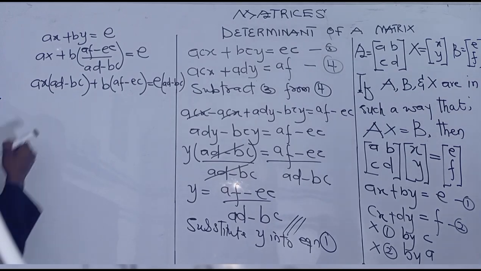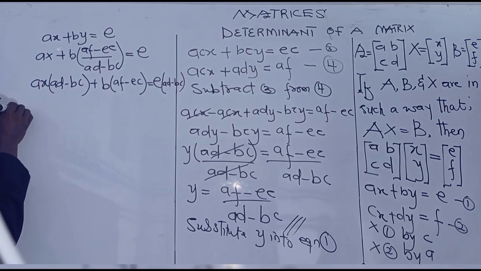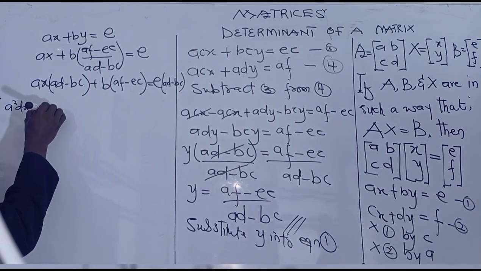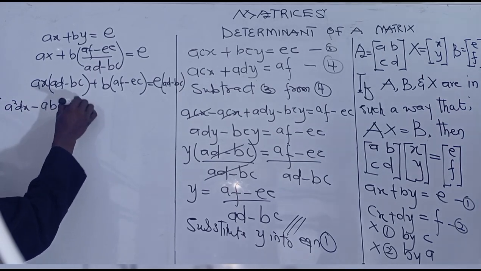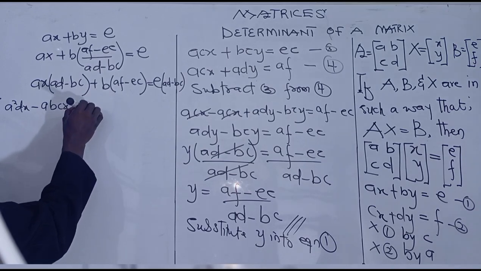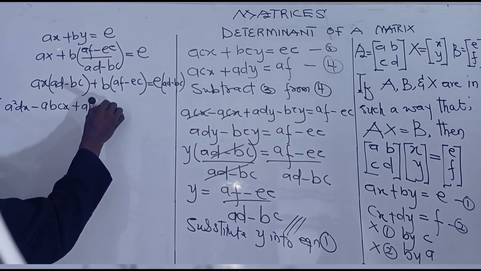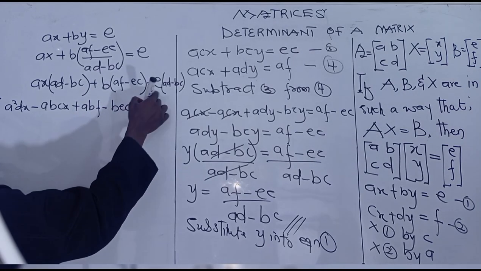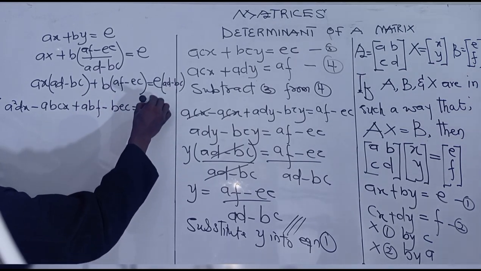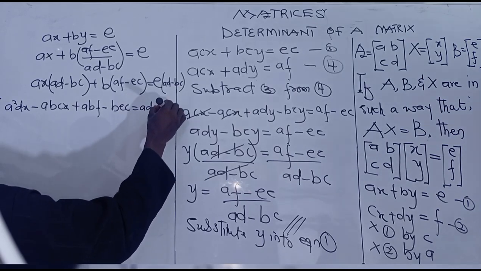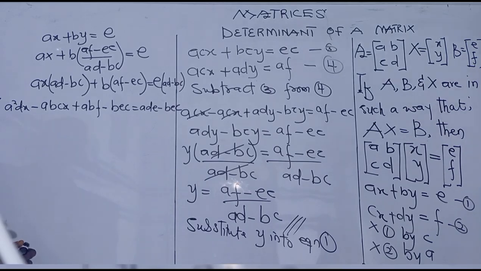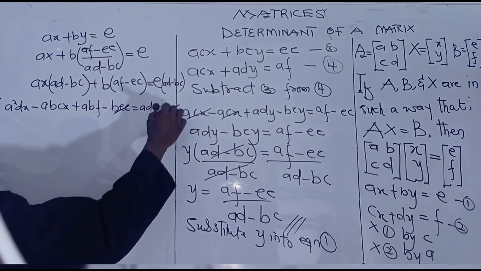So let's expand the brackets. This gives us A squared DX minus ABCX plus ABF minus BEC, equal to ADE minus BEC. From here, you can see that some of the terms cancel: the BEC terms cancel.